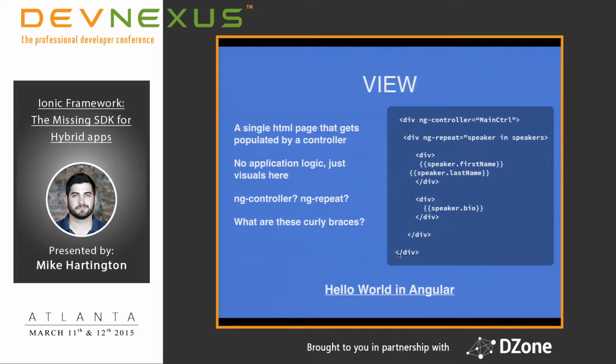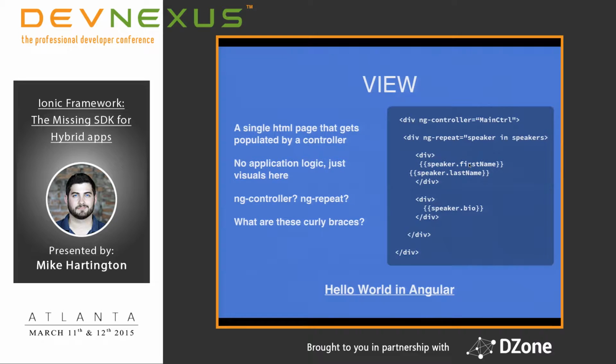Now, since we're using that controller, we have access to it, and we can say, iterate over each speaker object in the speakers array, and then print out the first name, the last name, and the bio. Those curly braces are essentially our placeholders. So now when this all renders, we're going to get the speaker's first name, last name, and everything about them.